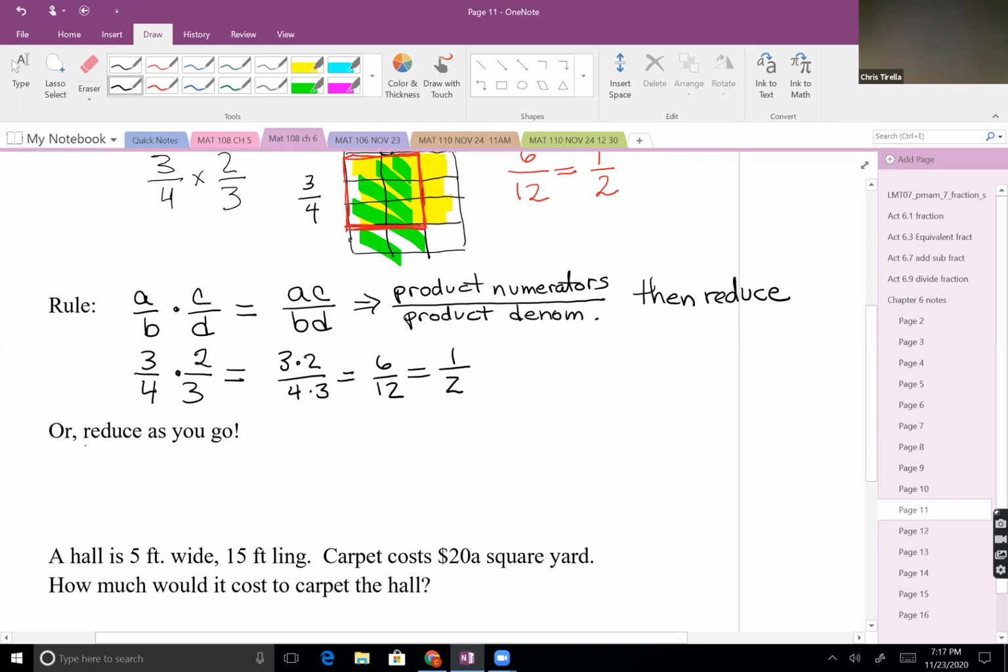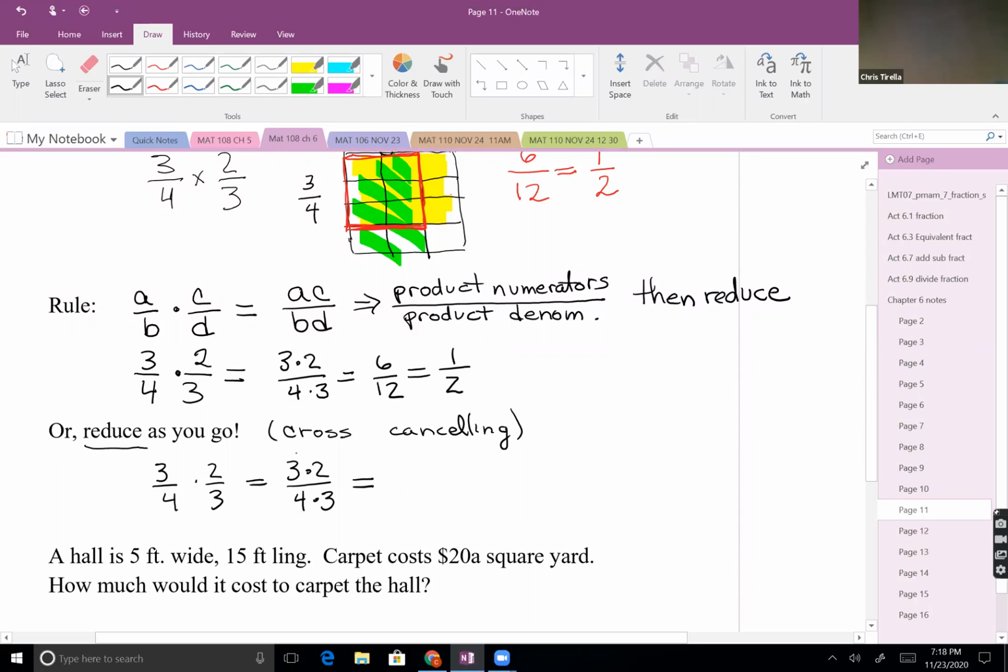Or you can reduce as you go. I think this was kind of back in ancient times. We called this idea cross canceling. When I have that 3/4 times 2/3, or if I have that 3 times 2 over 4 times 3, especially when I teach this in an algebra class where we're doing this with variables and not numbers.